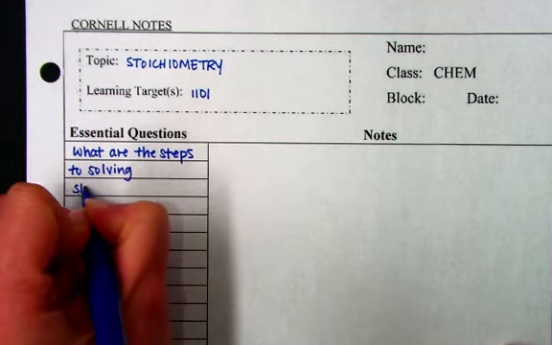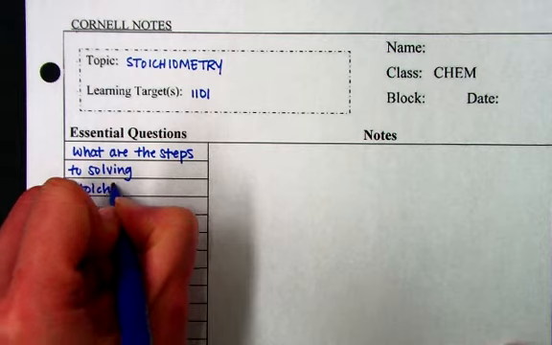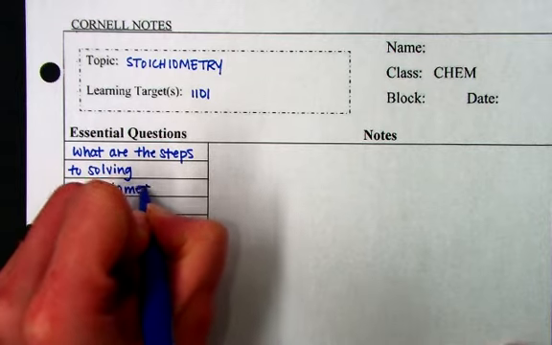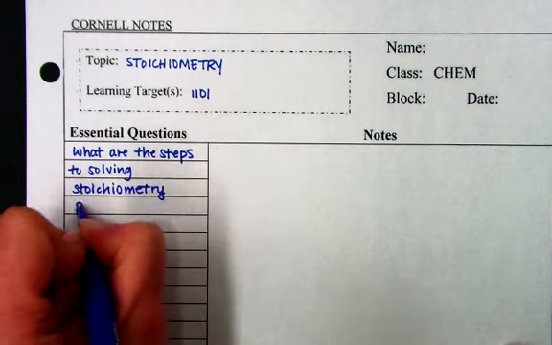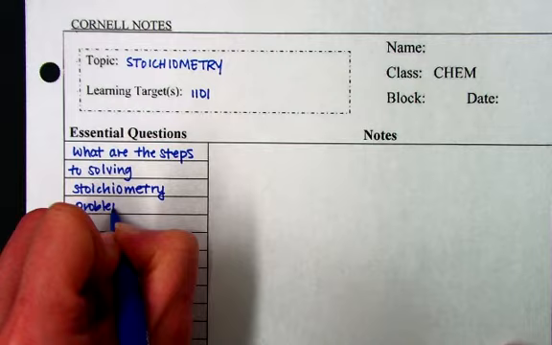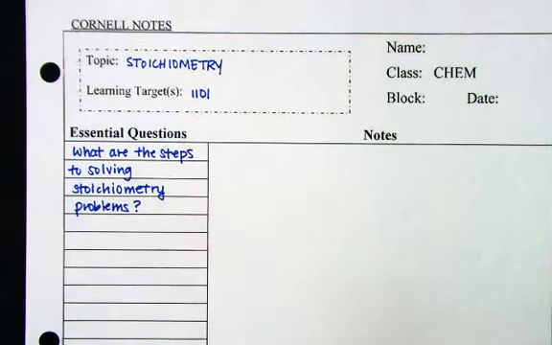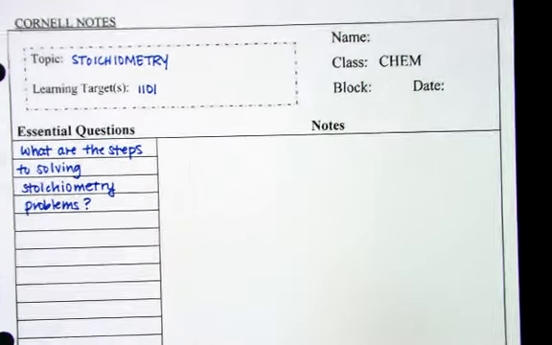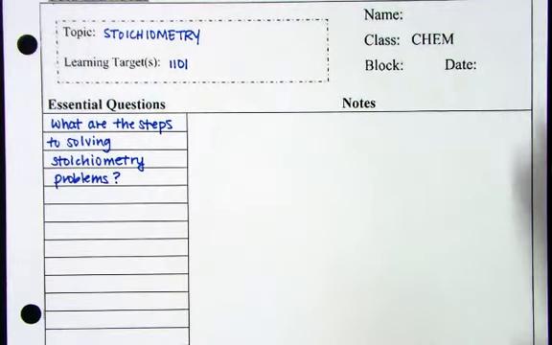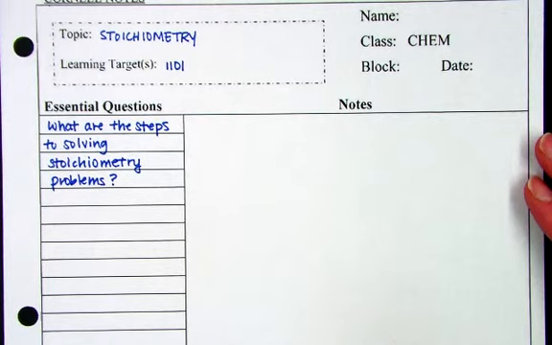I'm going to make it down here. Stoichiometry problems. Okay, and so the first thing that I'm going to give you is sort of the general equation. It's going to be a word equation that is always going to apply.